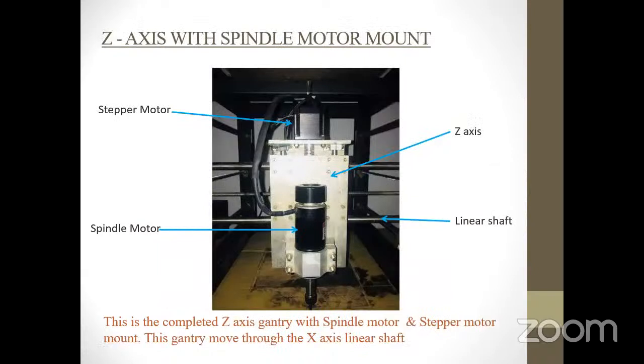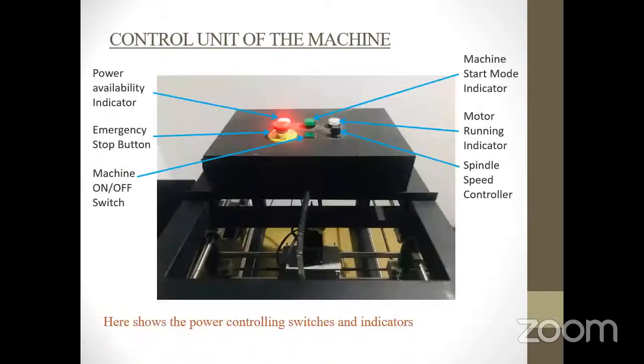This is the Z-axis with spindle motor mounting. It shows how the spindle motor is mounted on the Z-axis. This is the control unit of the CNC machine. It shows the switches and indicators.